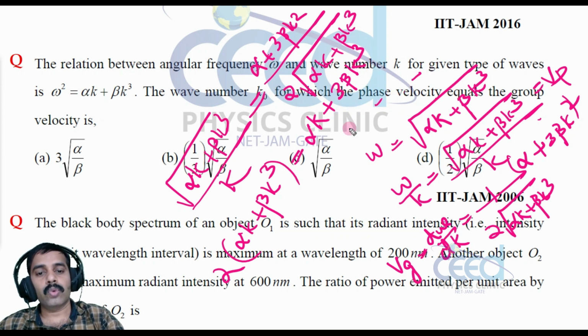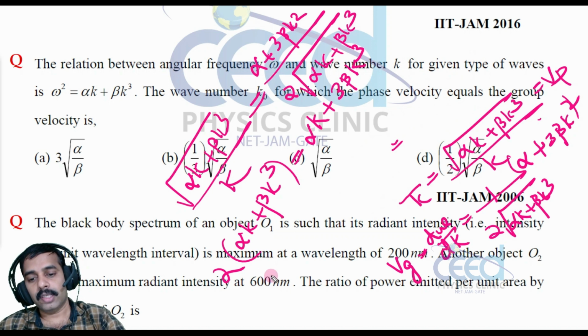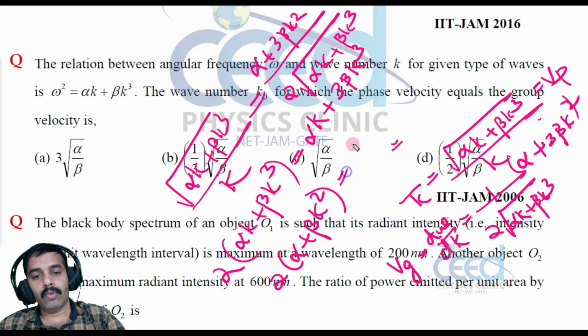Now we can cancel out this k on either side. So 2 into alpha plus beta k square equal to alpha plus 3 beta k square, right?